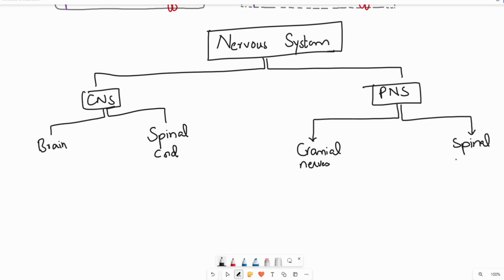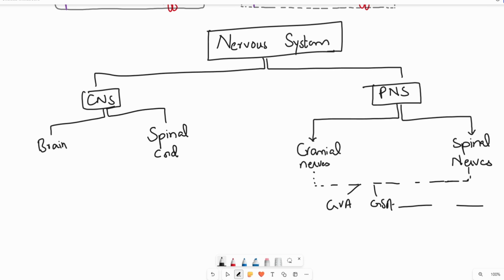Now both of these nerves, cranial as well as spinal nerves, their fibers are further classified into these 8 terms that we discussed earlier: general visceral afferent, general somatic afferent, and so on, that we will discuss in today's lecture. So this is the basic idea.